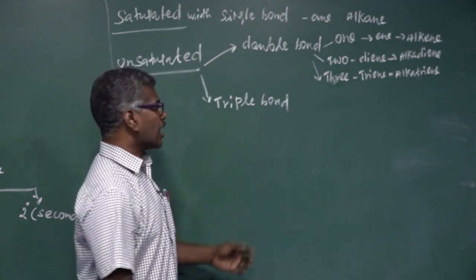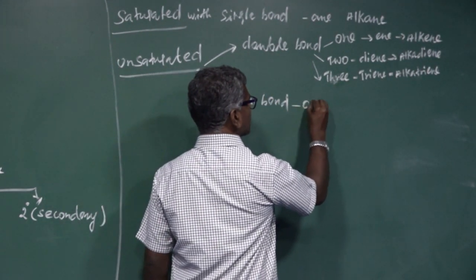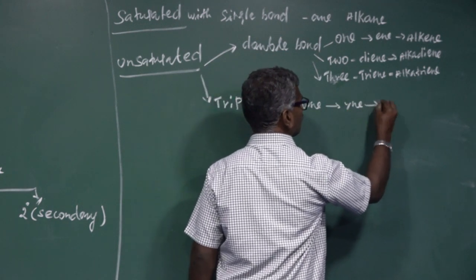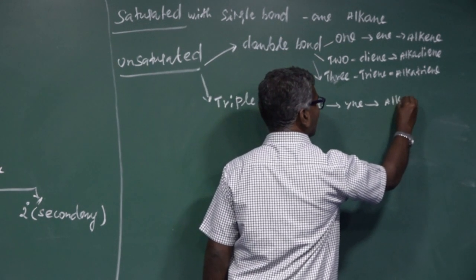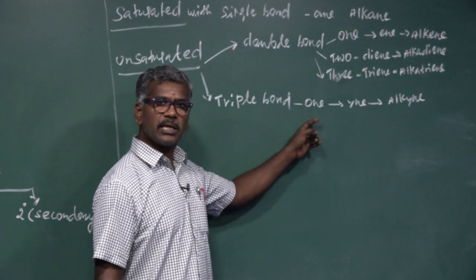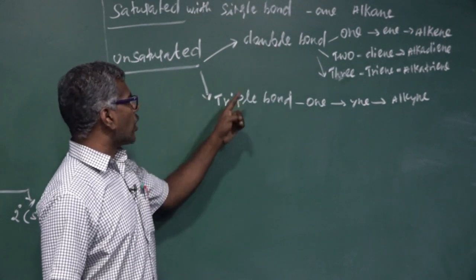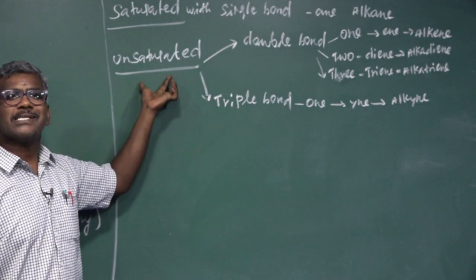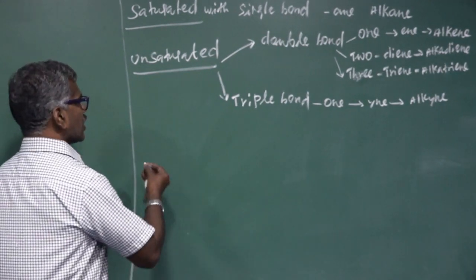Likewise, for a triple bond, if one triple bond is present, the name is called yne, called alkyne. Likewise two, three, like that. These are double bond and triple bond, examples of unsaturated compounds.